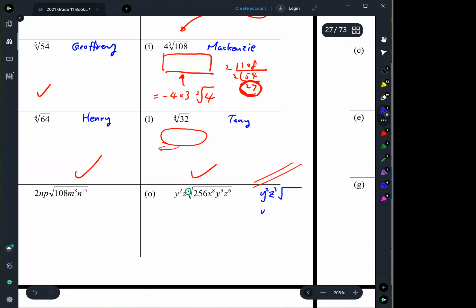Compare with the question. It's slightly lower, I'm making it more obvious. So these two are different. In this question it is a cube root. This one. So be careful when you are reading the question, the little 3 there.